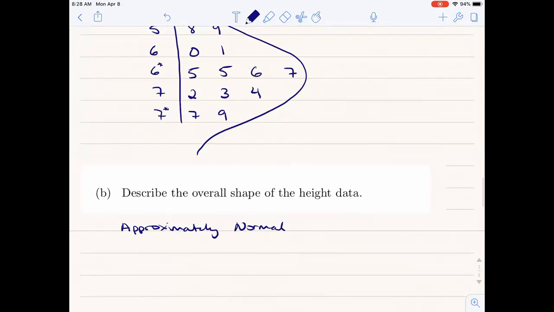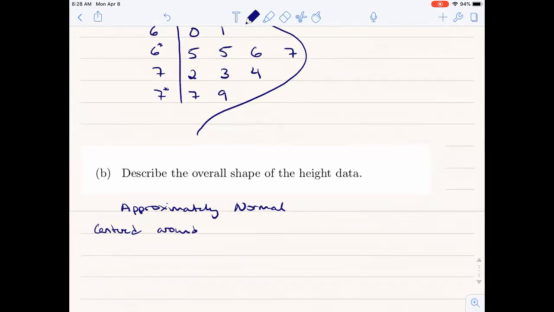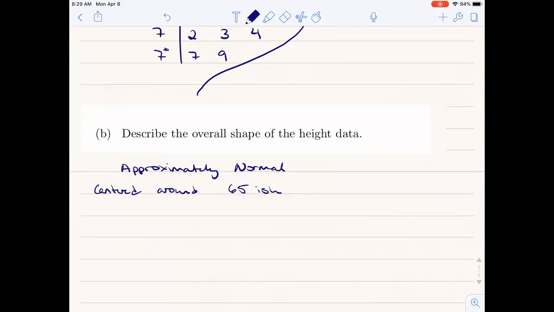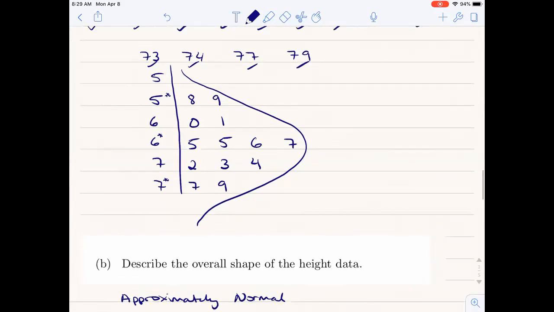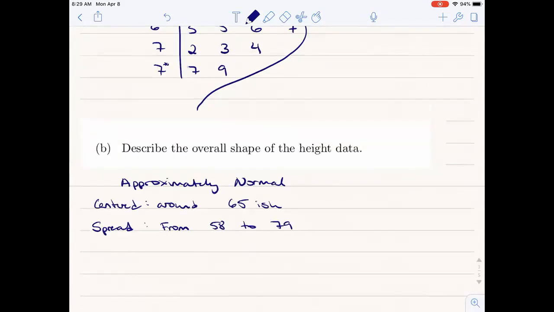I'll throw in the center, centered around 65-ish. And the spread, well, here we have the numbers from 58 to 79.